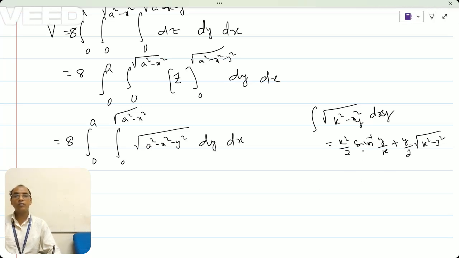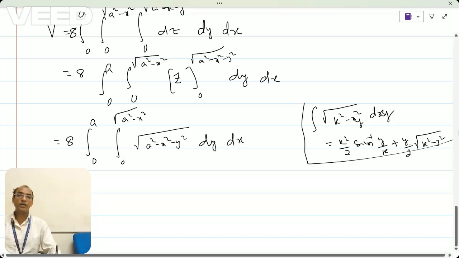So this is the formula if I have k square minus y square. I will apply this formula for the evaluation of this integral.